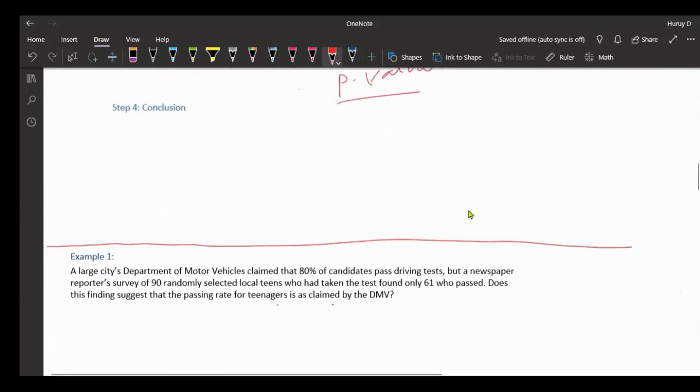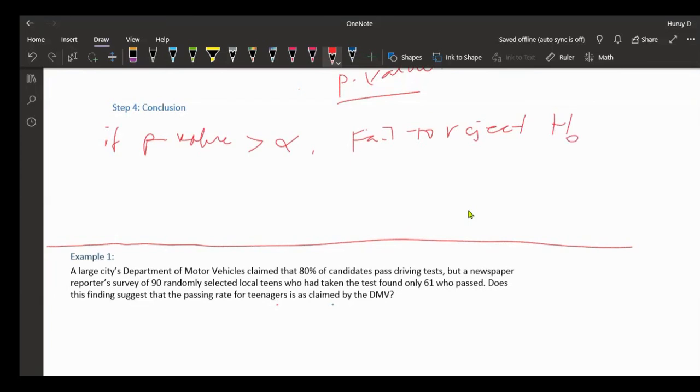What we do is, if p value is greater than alpha, then we fail to reject H sub naught.